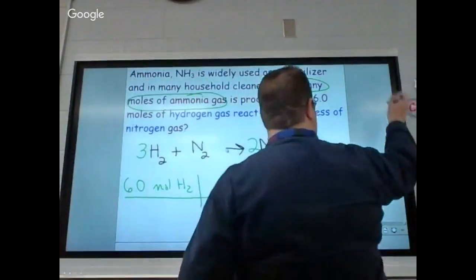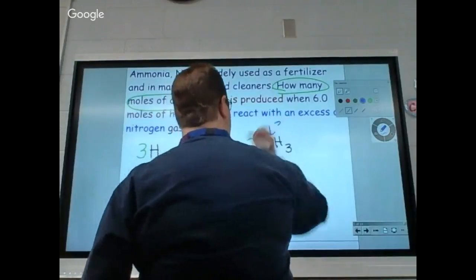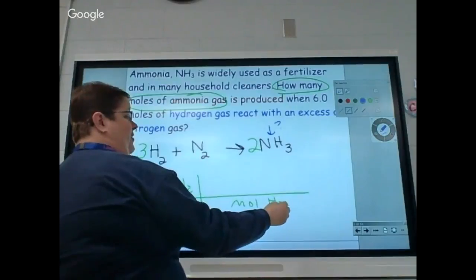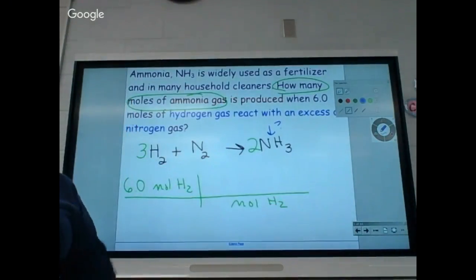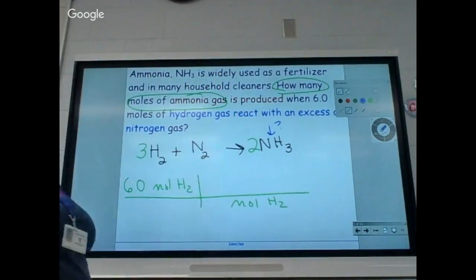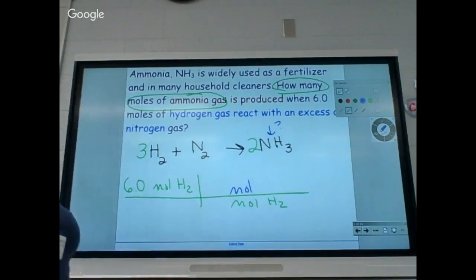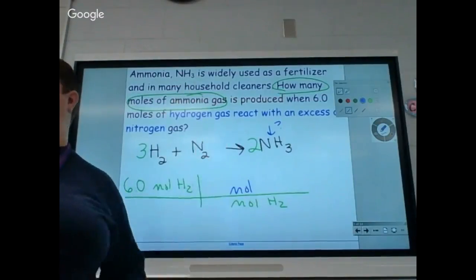Okay, so it's asking me to find this, right? So if it's asking me to find this, and I have this, am I changing compounds? As long as y'all just answered yes, what has to go on the top? You have to put moles on top. You don't even have to answer the compound yet. But as long as y'all answered yes, the unit that goes on top has to be moles.